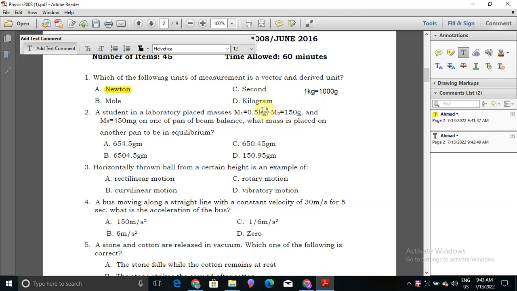So we have 0.5 kilogram, right? If we write it on another line, 0.5 kilogram is equal to, we don't know. So when you make a crisscross, we cancel kilogram with kilogram, and 1000 times 0.5, the answer will be 500 gram.